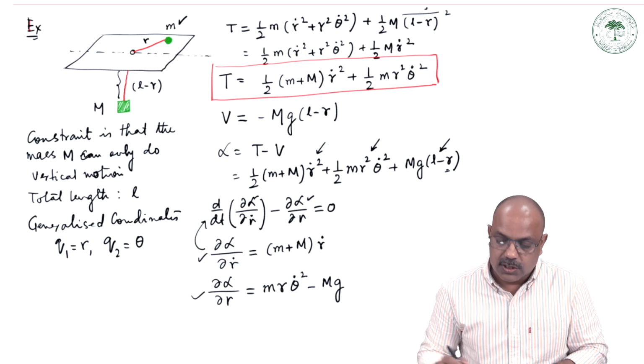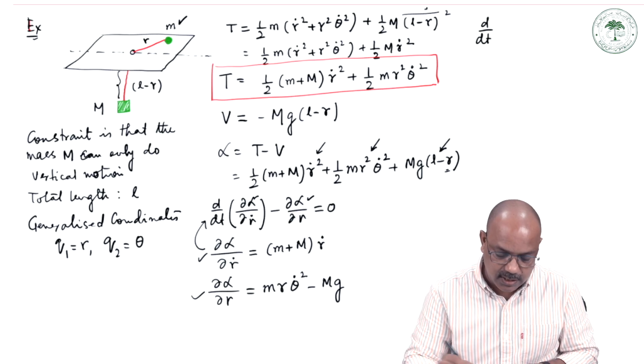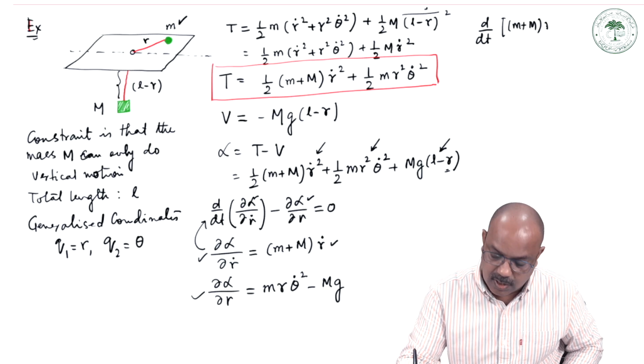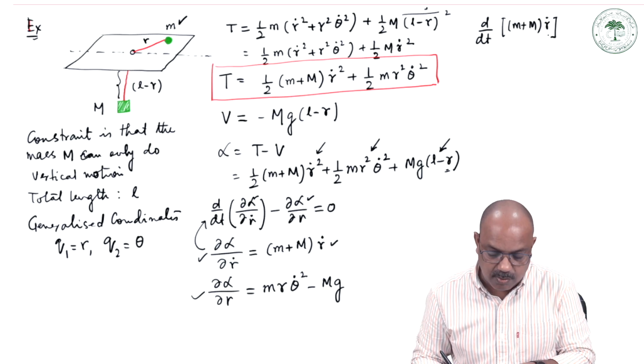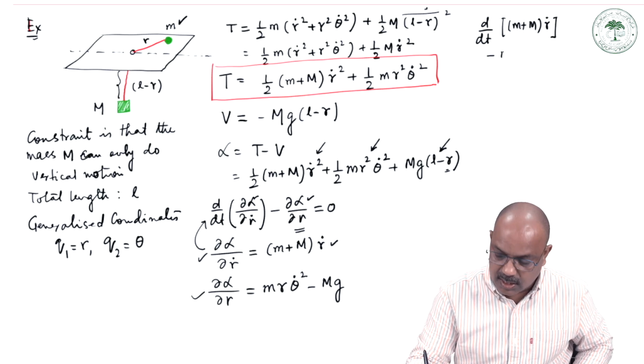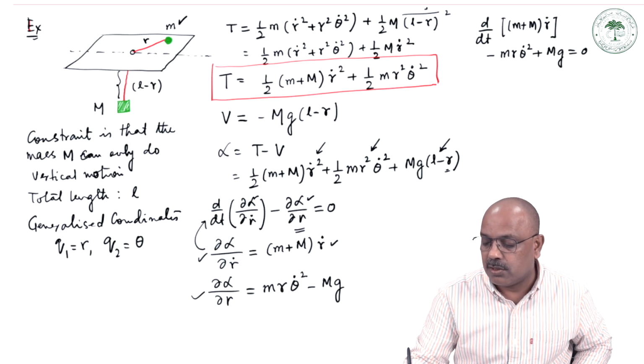So I'm going to get d/dt of this, which is (M + m)ṙ, minus of this thing, so minus m r θ̇² plus mg is equal to 0.